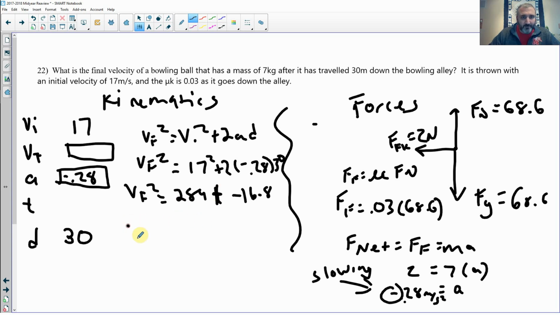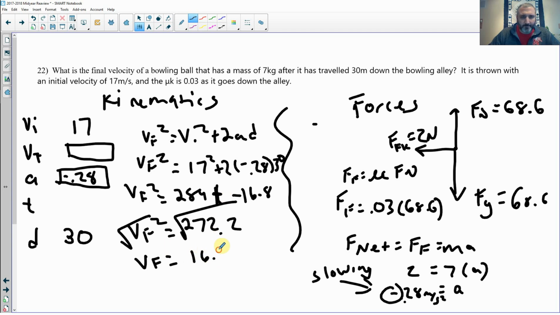So that would be a V_f squared of 272.2. But I don't want V_f squared, I want V_f. So V_f is going to be 16.49.